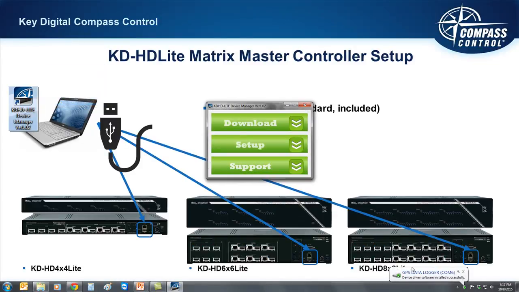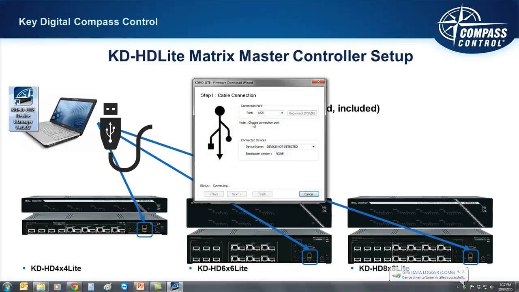So I've connected my USB, I open the software, and it tells me that it was able to install the device driver software successfully. I go to download in order to get the latest firmware, and it does the exact same thing, which is it's going to put it into bootloader mode.